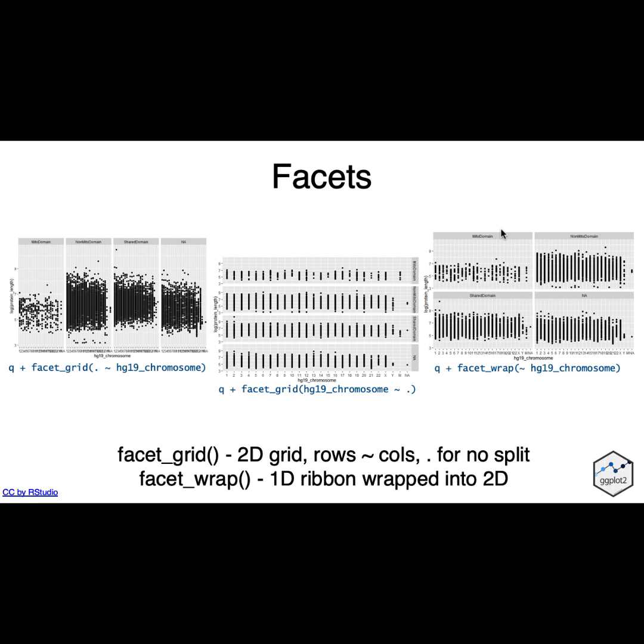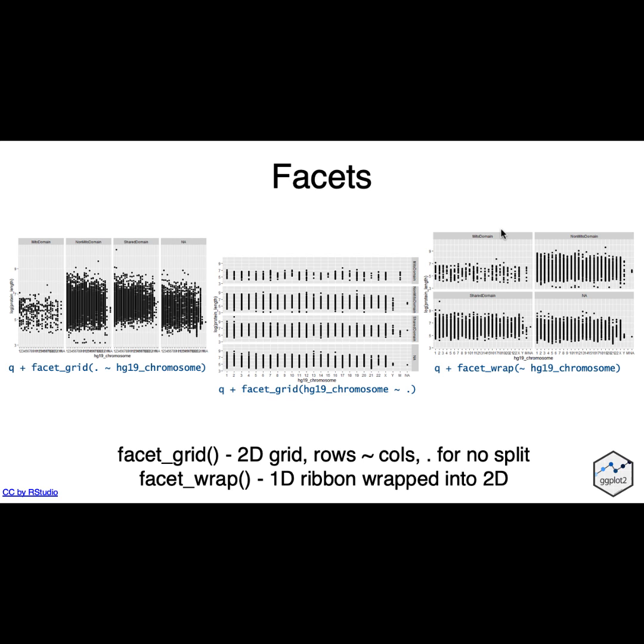So that means, I don't know if any is the right way to put this, but we're not mapping anything in particular, but we want our columns to be HG19 chromosome. And when we change it to HG19 chromosome tilde period, it means we want rows that are the chromosome data by nothing in particular. For facet wrap, you'll see I left out the period. It does the same thing. So you can do it with or without.